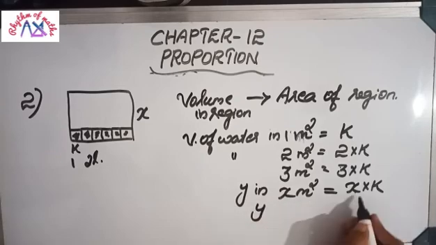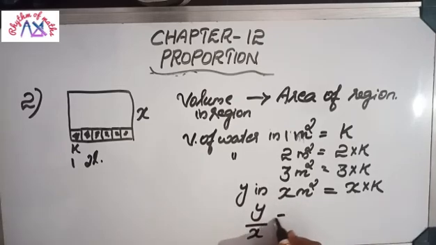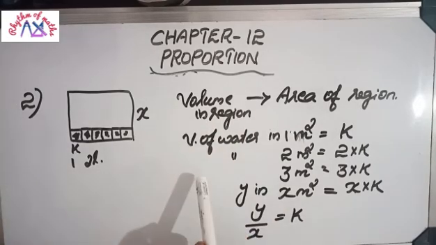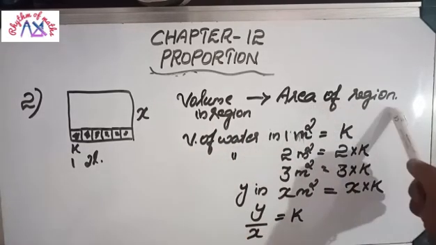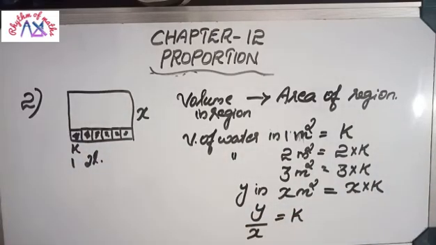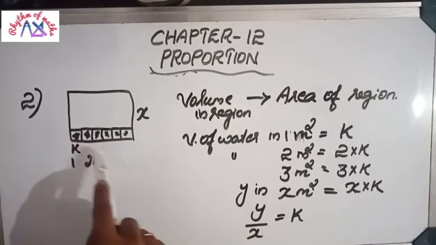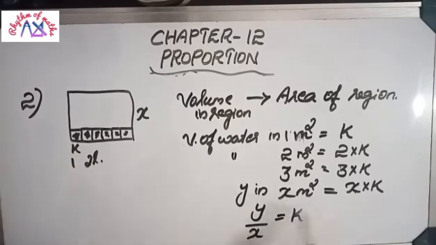So here y by x is equal to K. That means these two are in proportion. Volume of water in a region and area of that region will be in proportion, and the constant of proportionality is that K, the volume in 1 meter square, the fixed quantity.